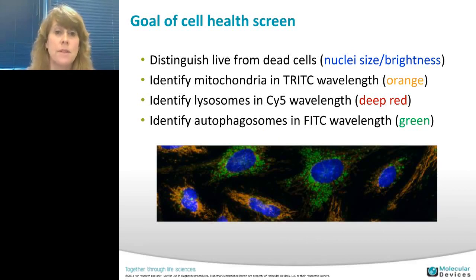So the goal of the screen was simply to measure the toxic effect of the compounds by looking at live/dead, just the dead cells based on the nuclear size and brightness, and then to identify the mitochondria in the TRITC wavelength, the lysosomes in the Cy5 wavelength, and the autophagosomes in the FITC wavelength.